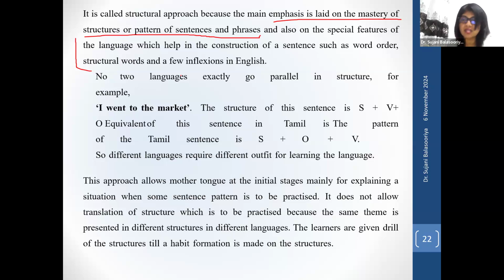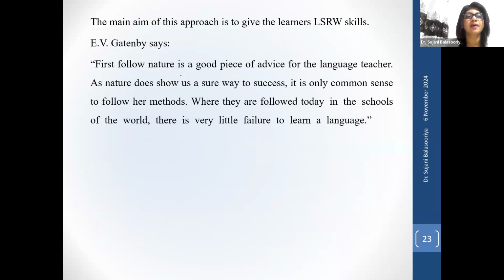So the learner has to know the structure of the target language. But translation is not considered there, right? Otherwise, this structural approach and GTM would be the same. No. In structural approach, the translation was not given any prominence there. The main aim of this approach is to give the learners LSRW skills, listening, speaking, reading, writing skills.